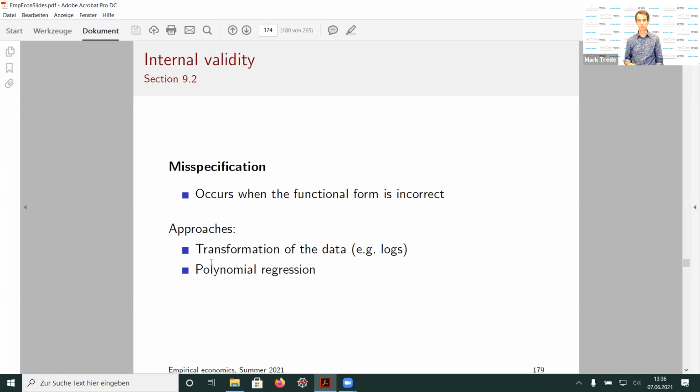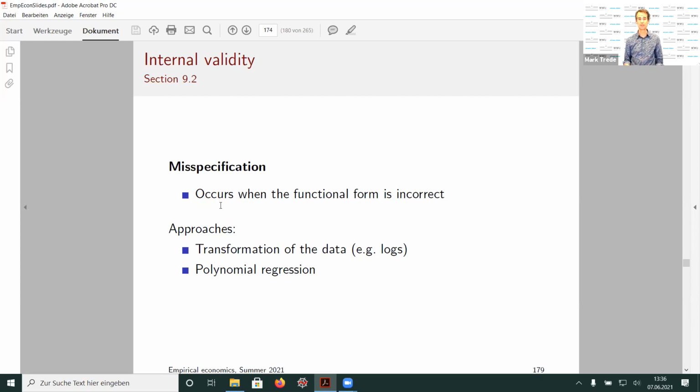The second problem was the misspecification problem. And this problem occurs when the functional form you assume is not the correct functional form. For instance, you assume a linear relationship, but in reality, the relationship is quadratic, or there's a logarithmic relationship between y and x.